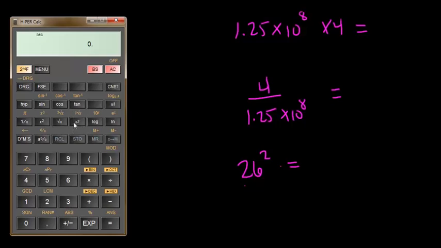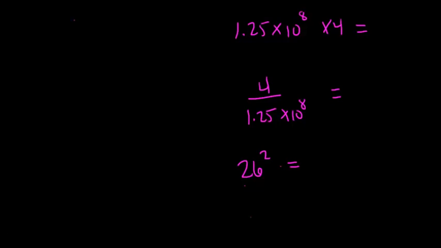So you can do this problem using either of these buttons. So we have 26 squared, the answer is 676, or you can do 26 to the power of 2. So the answer is 676.